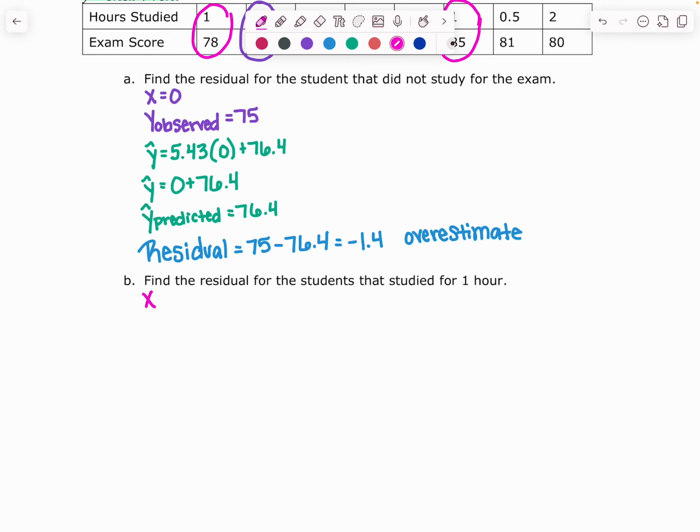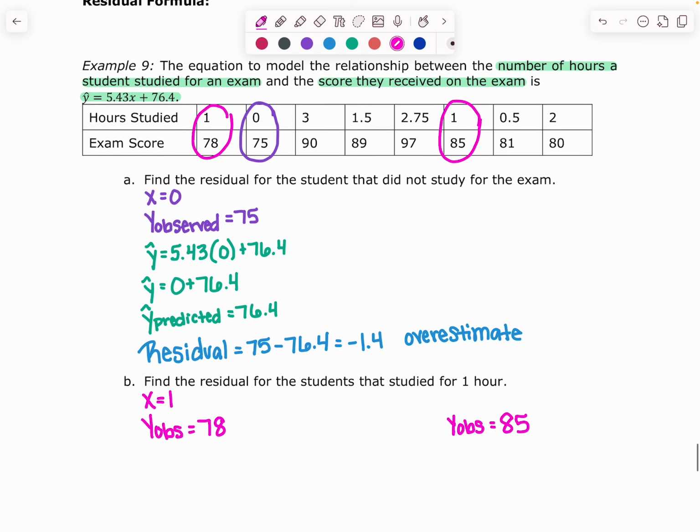So x equals 1 for both of these, but now I have 2 different y observed. I have the y observed that was a 78, and then I also have a y observed of an 85. Let me just come up and double check that. Yep.